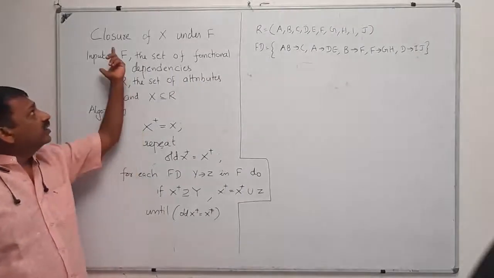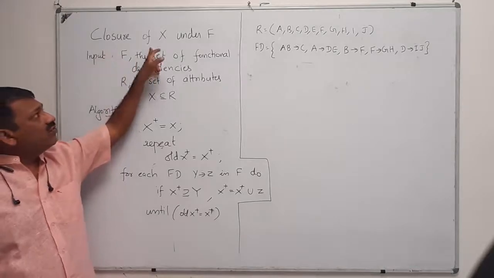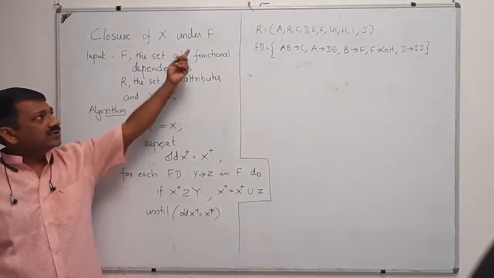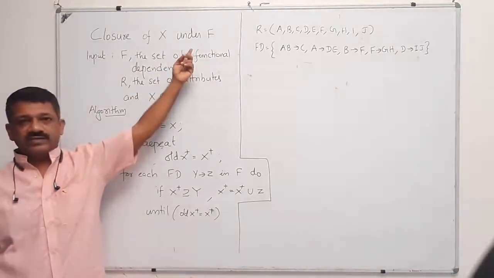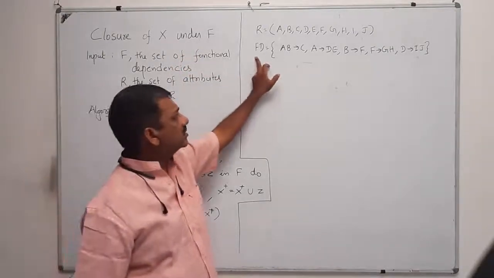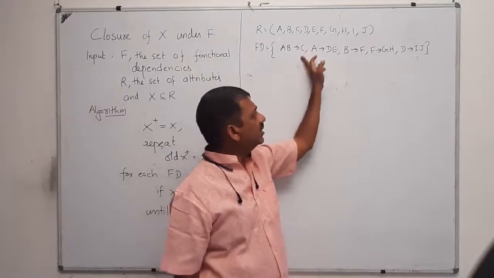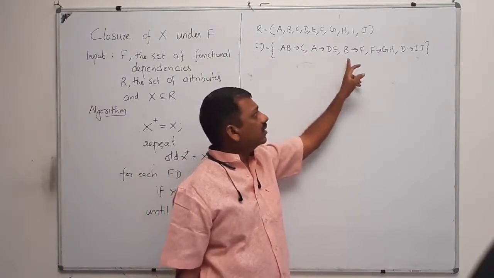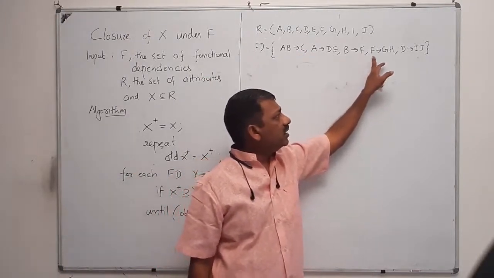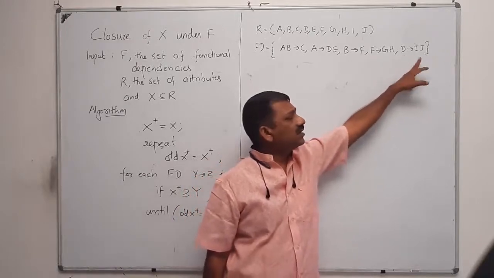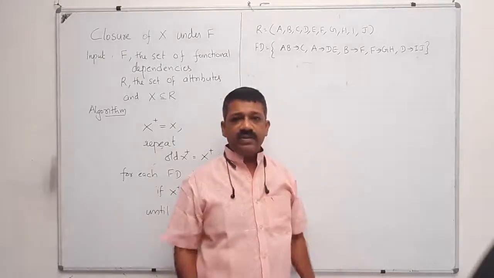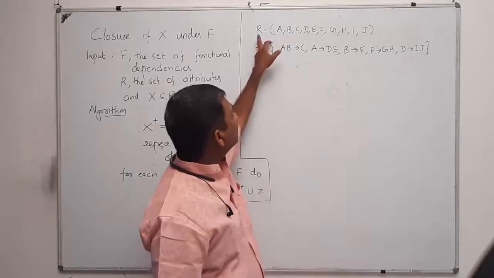Now we are going to find out the closure of X under F. That means F is a set of functional dependencies. Here this is an example. Here the functional dependencies are AB determines C, A determines DE, B determines F, F determines GH and D determines IJ. These are the functional dependencies for this relationship.